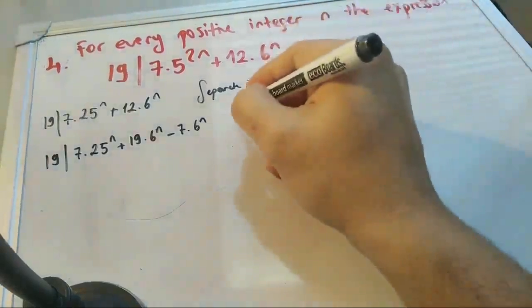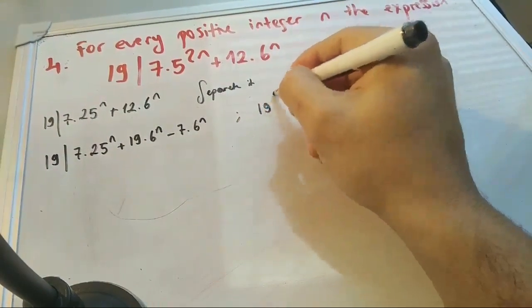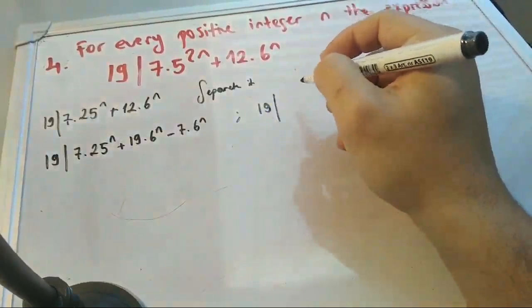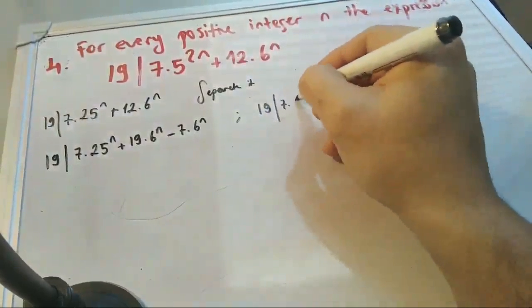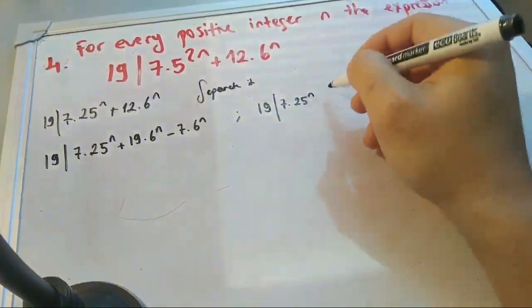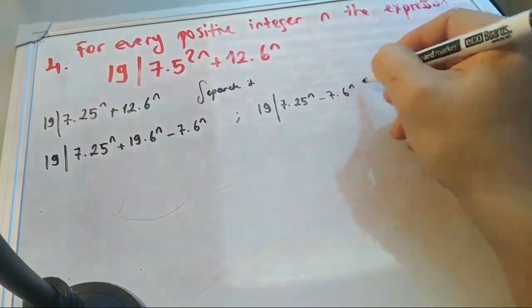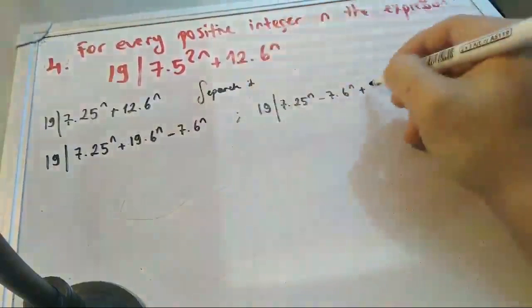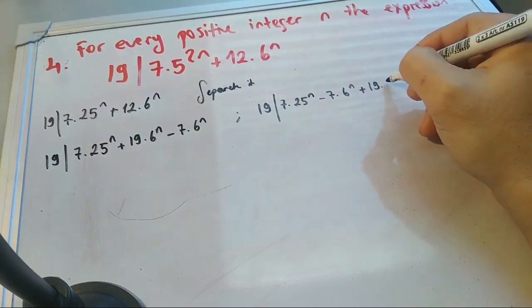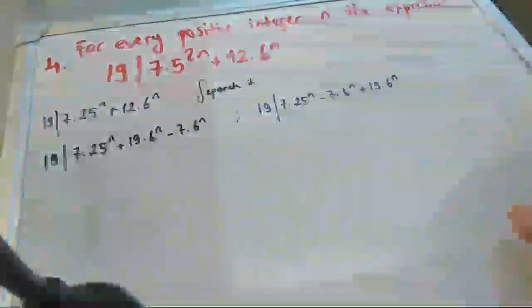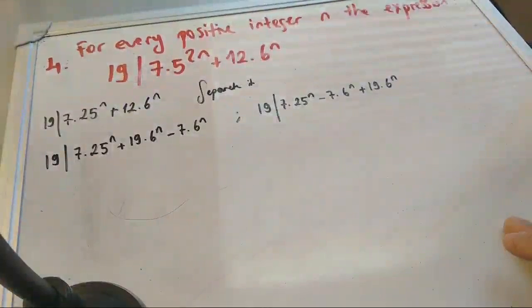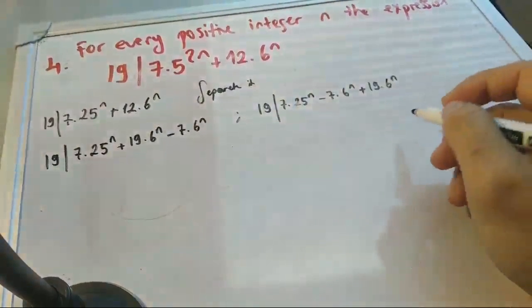And after that, 19 divides, we will make a group between 7 times 25 to the power of n and minus 7 times 6 to the power of n, plus 19 times 6 to the power of n. 7 is a common factor.